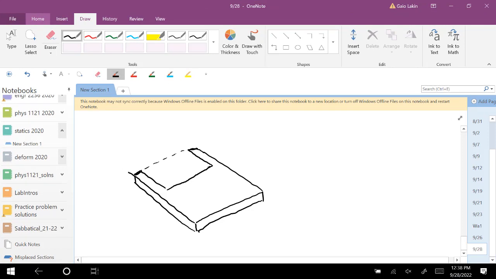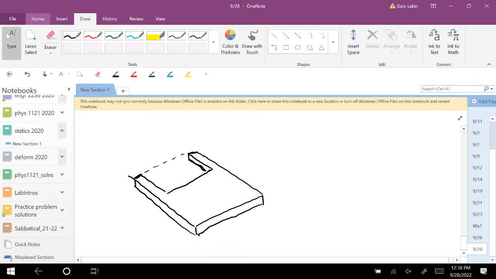Okay, you with me on this? And we have two pin joints. One here, let's say that they're all the way up against the two edges. And one here.